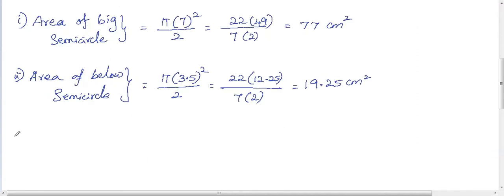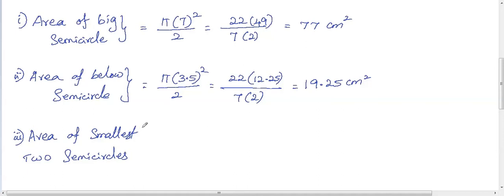And finally we need to find the area of the small semicircles. We have two semicircles, so let's find the area of the smallest semicircles for both. So the area of the smallest two semicircles is 2 into pi r square by 2, so 2 by 2 cancels out, and we have pi r square now.